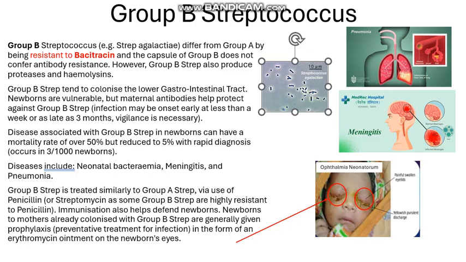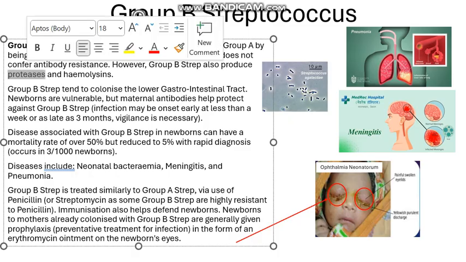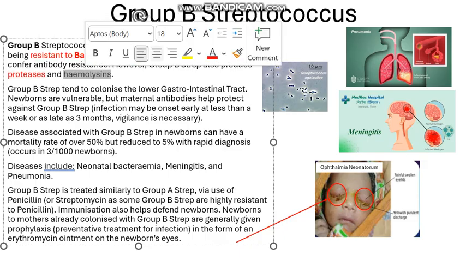agalactiae, which you can see here, differ from Group A by being resistant to the antibiotic bacitracin. And the capsule of Group B does not confer antibody resistance. However, Group B strep also produces proteases and hemolysins.